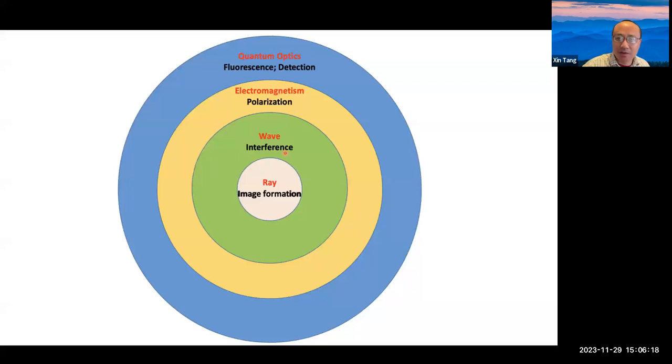All these phenomena can be very well appreciated, and we can engineer them to explore new biology.